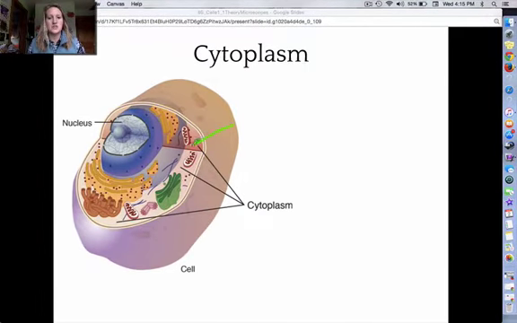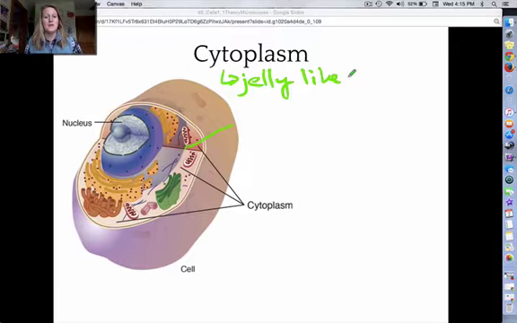Okay, and then the cytoplasm, which should have probably been brought up way before, right? The cytoplasm is just what all these organelles are sitting in. And so it's often known as like a jelly substance. If you were making edible cells, you would use Jello if you were making it at home, because that's kind of the consistency of it. It is like this thick, goopy stuff. Or you would use a fruit roll-up, as that is what you would put the things in.